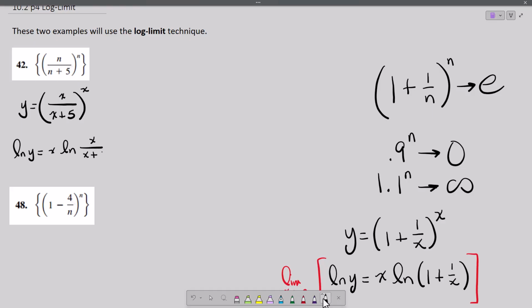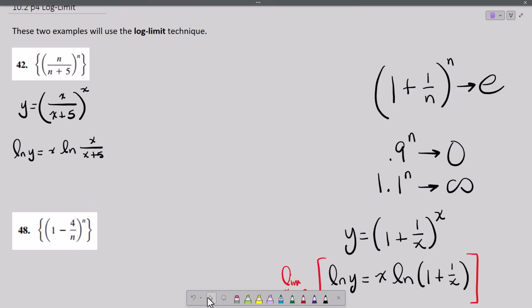So the first step is to take the natural log of both sides. And then on the right, we're going to have to do some manipulation. I'll usually combine these two steps right here. I'm going to take the limit of both sides as x goes to infinity.